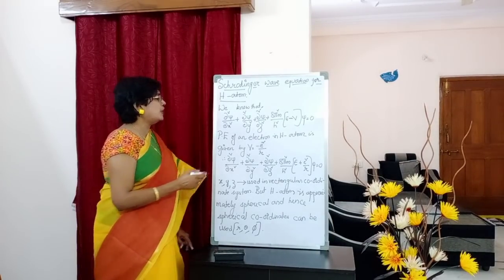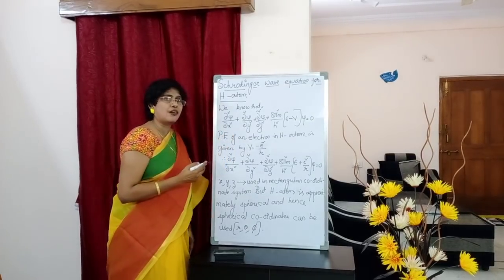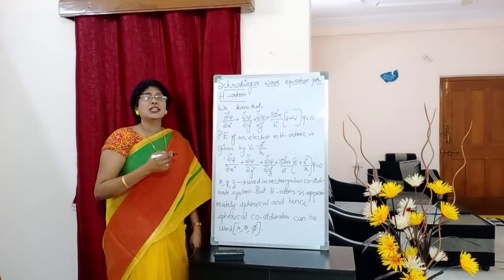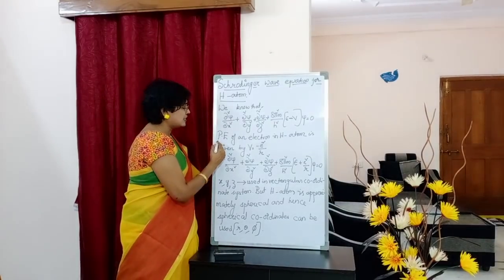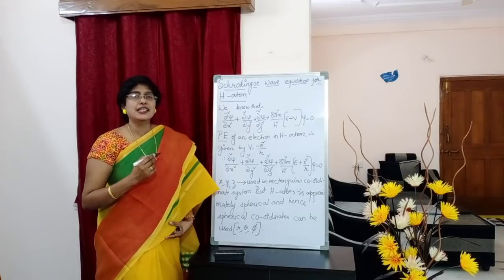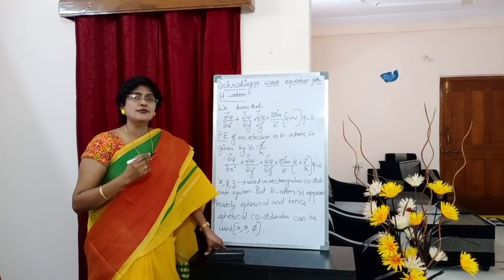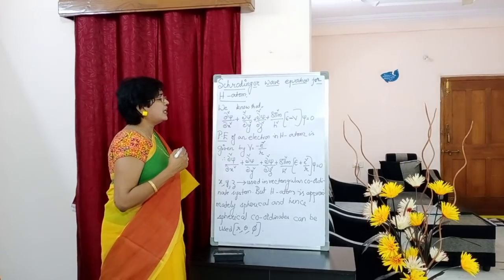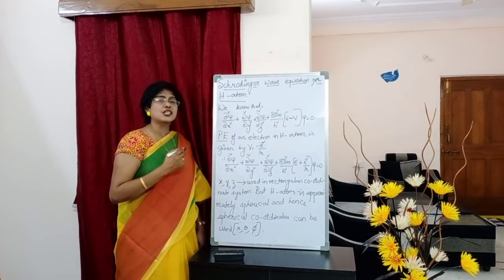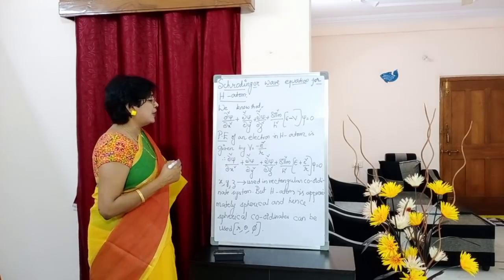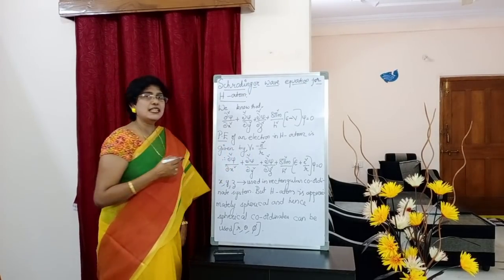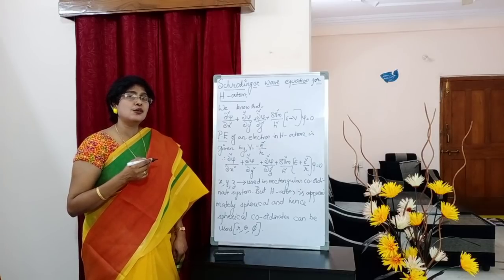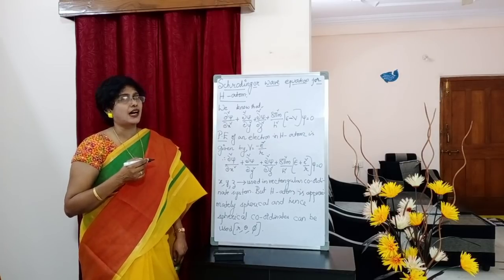So below this equation write: potential energy of an electron in hydrogen atom is given by V, capital V, equals minus e square by r.